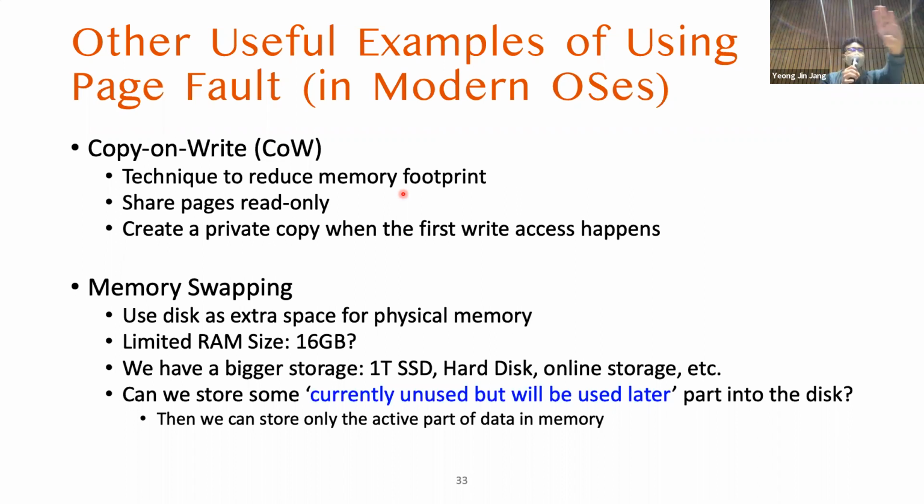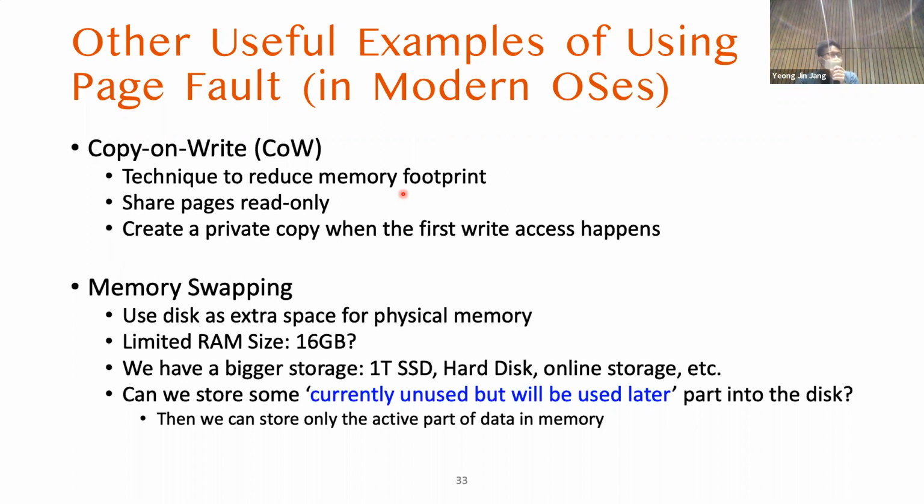Then all 100 processes will share the same memory location. We will have just one copy. While 99 instances are doing nothing, if one instance attempts to write on one page, then only for that process does the operating system do copy on write. That's how we can utilize the page fault. No worries, I have some diagrams to describe copy on write, but I just want to give the high-level idea first.